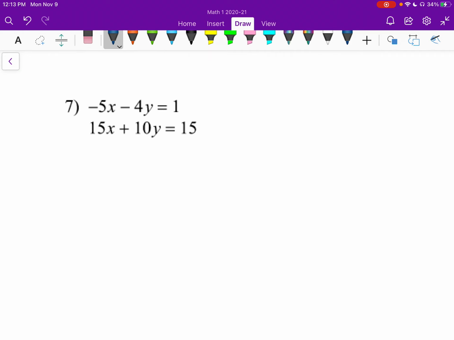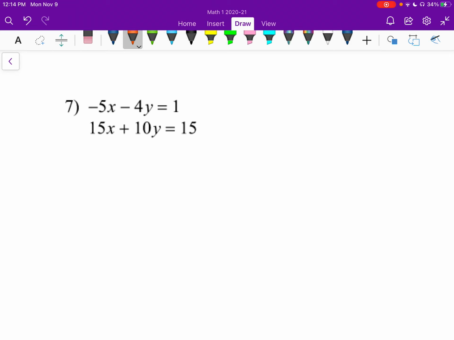Number 7. Well, our 5s, how do we want to do this? The first equation we could multiply by 3, and then we'd have -15 and 15.